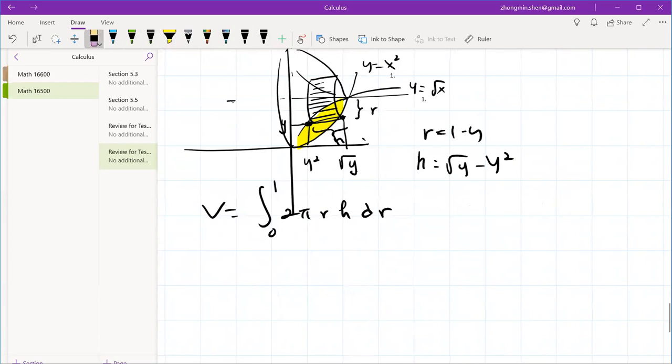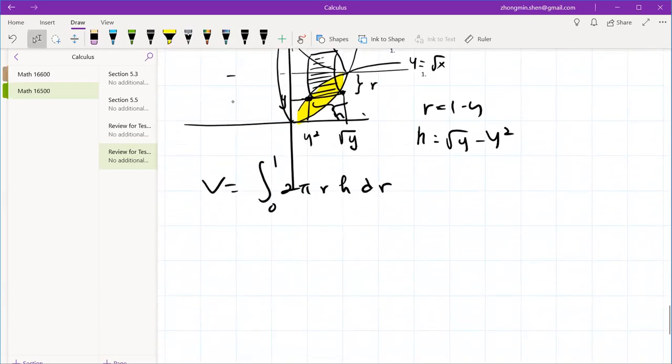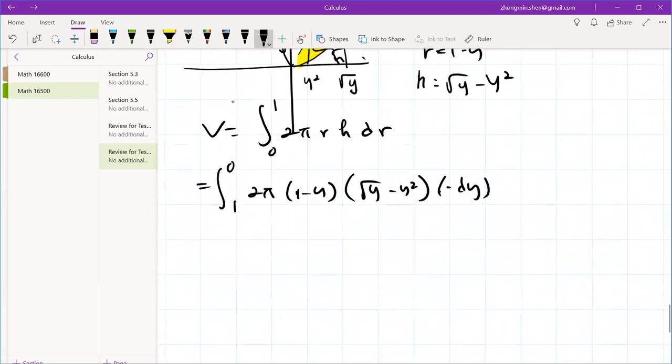But if you want to use the y variable, then you have to use substitution here. When r equals 0, y equals 1. When r equals 1, y equals 0. 2 pi r, where r is 1 minus y, h is square root of y minus y squared, and dr is negative dy.